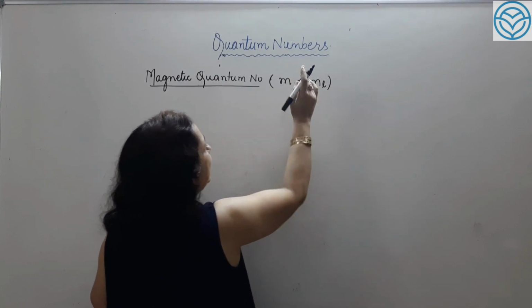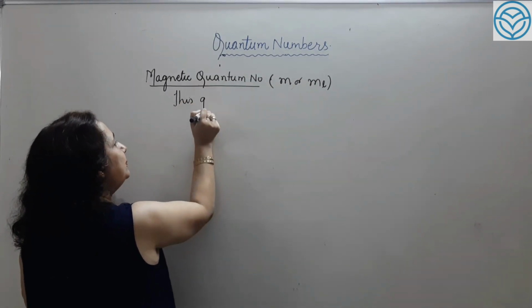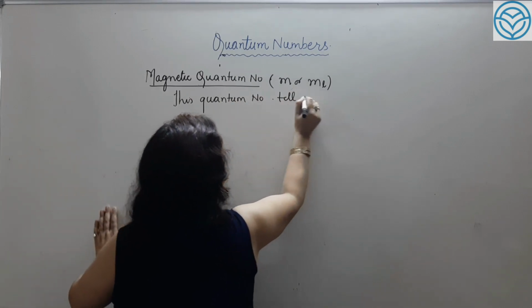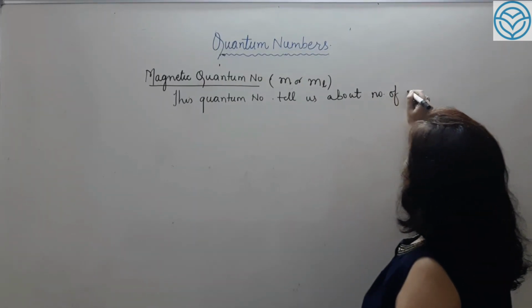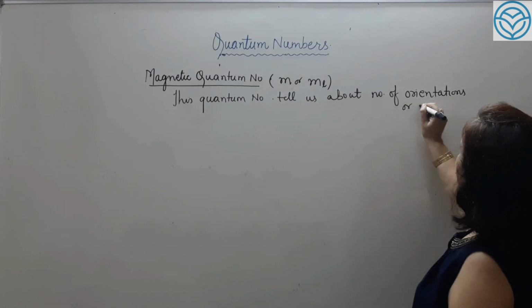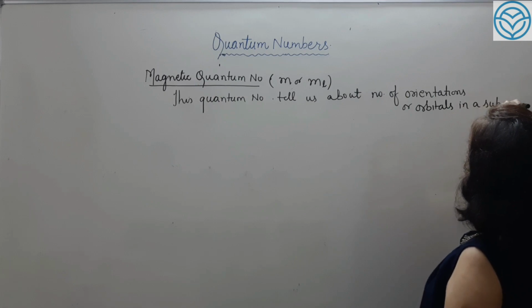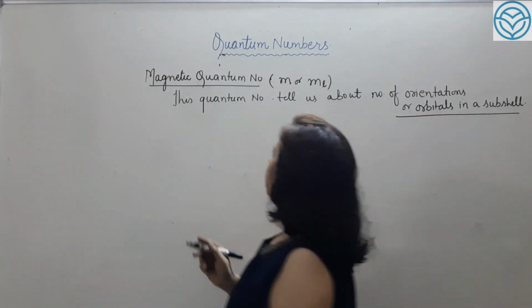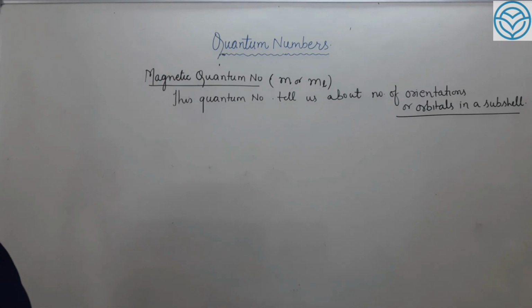Any symbol you can select, ML or M. This quantum number tells us about the number of orientations or orbitals in a subshell.